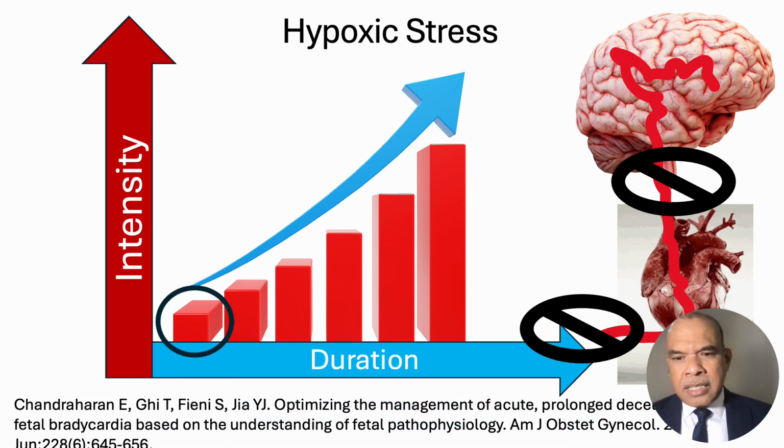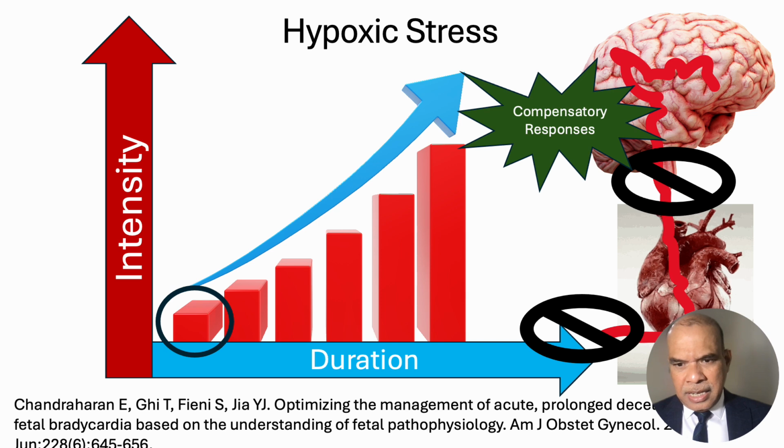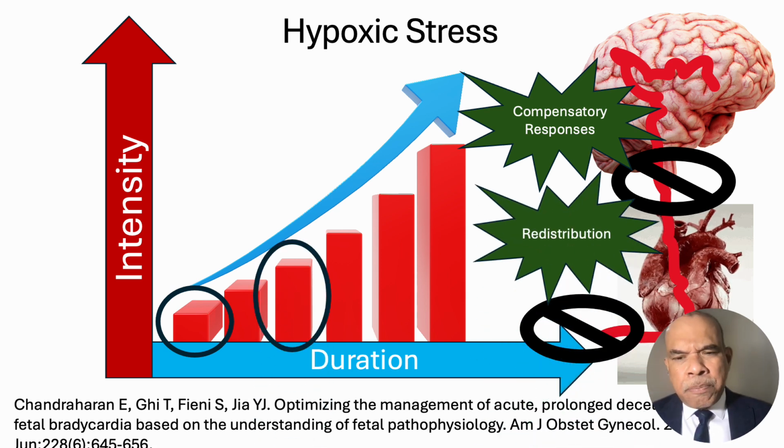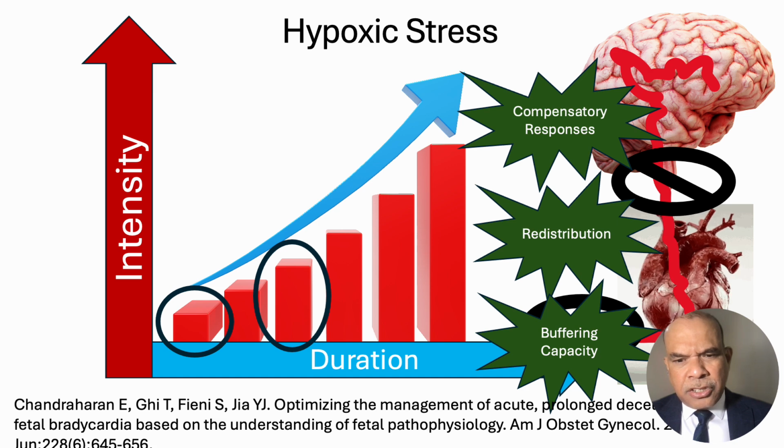When there's a sudden abruption or cord prolapse, you may not have duration but high intensity. The fetuses, when they have low intensity lasting for a shorter time, are able to compensate. They are able to redistribute to protect the central organs, and they have buffering capacity too.